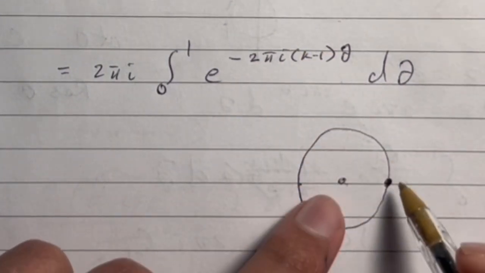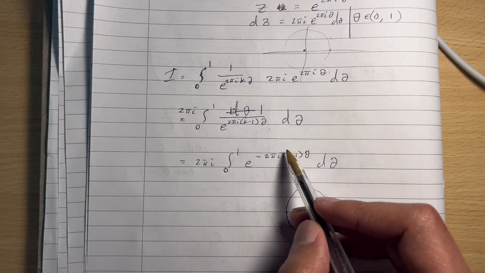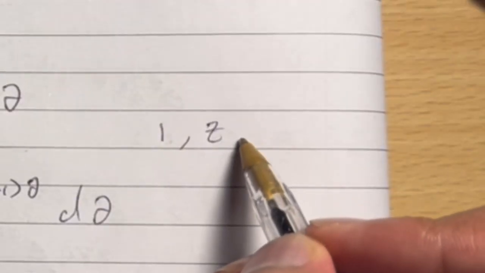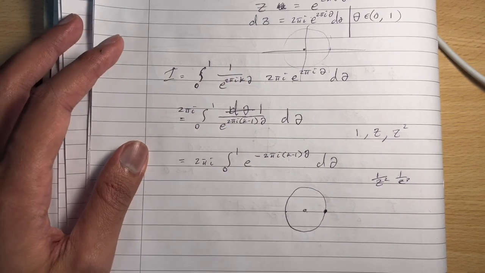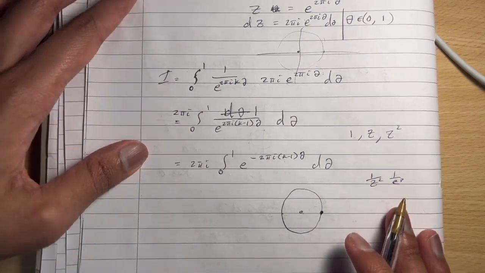And that's kind of the intuition for why this term, as long as k is bigger than 1 and we're going around the circle, gives zero. The case that it's less than 1 means this is a positive number, which would give us the case where it's 1 over z squared. When this is 0 and k is 1, then we have that special thing where we have the residue.